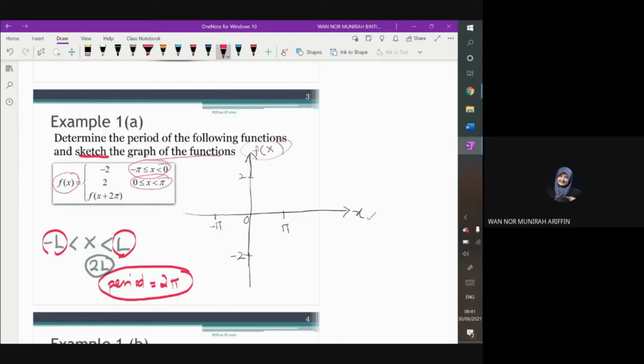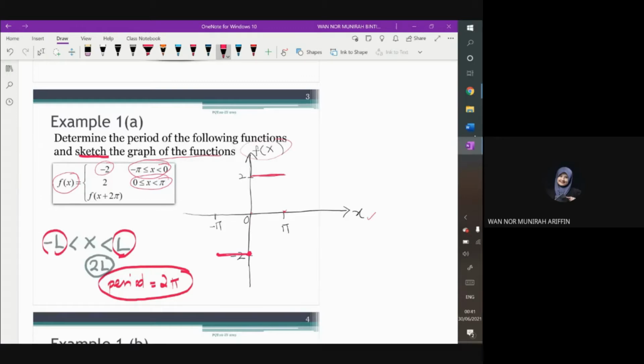From negative pi to 0, your y-axis, which is f(x), is 2, remaining unchanged from negative pi to 0. And then from 0 to pi, from here to here, it remains unchanged too. So this one.